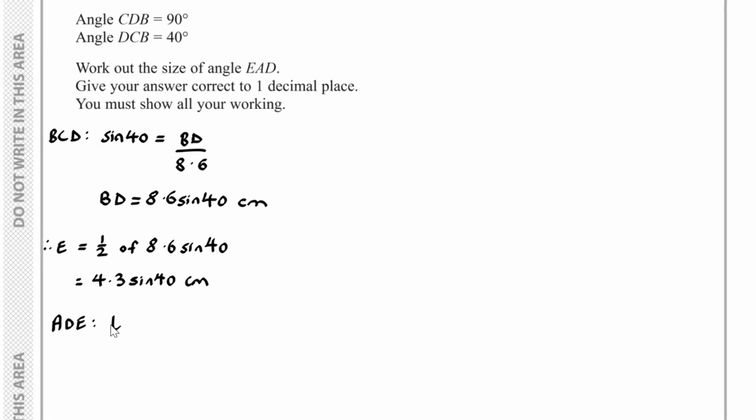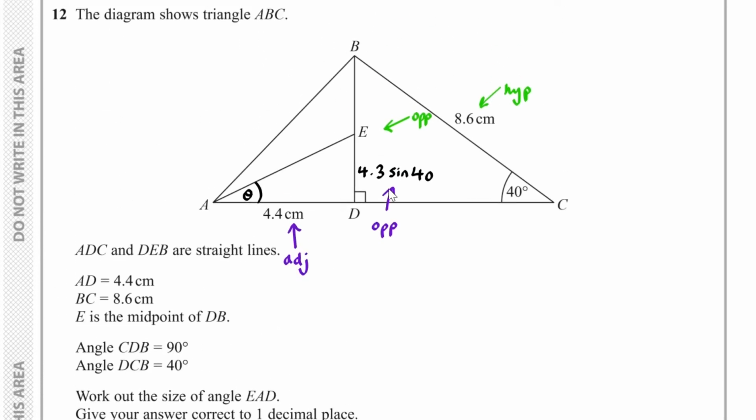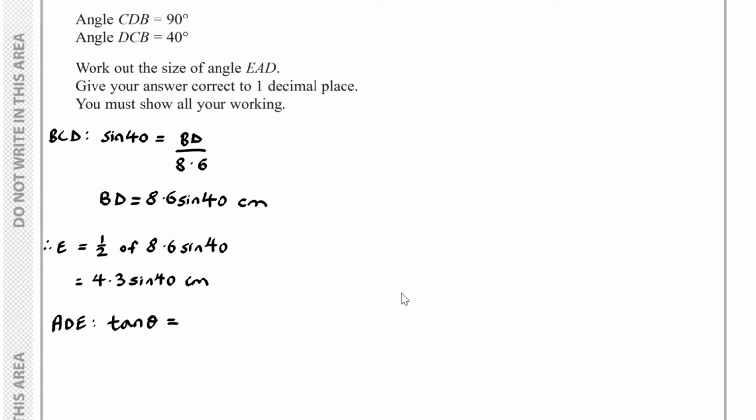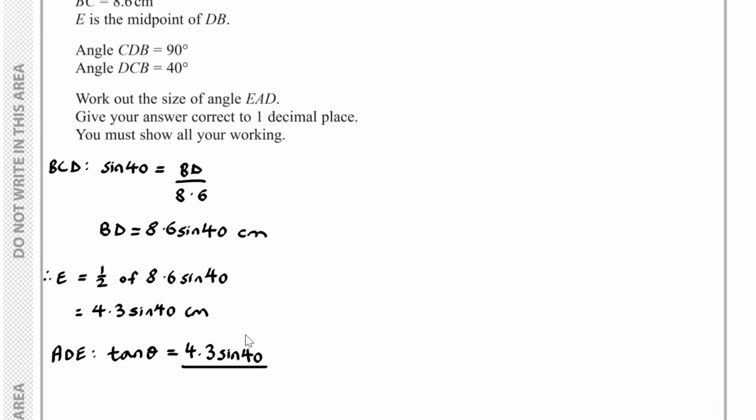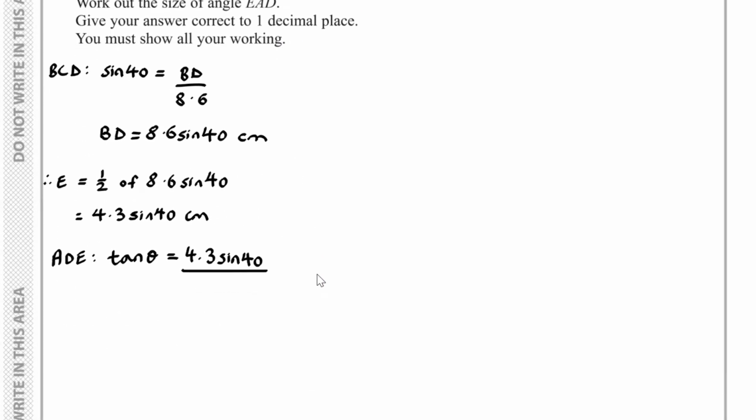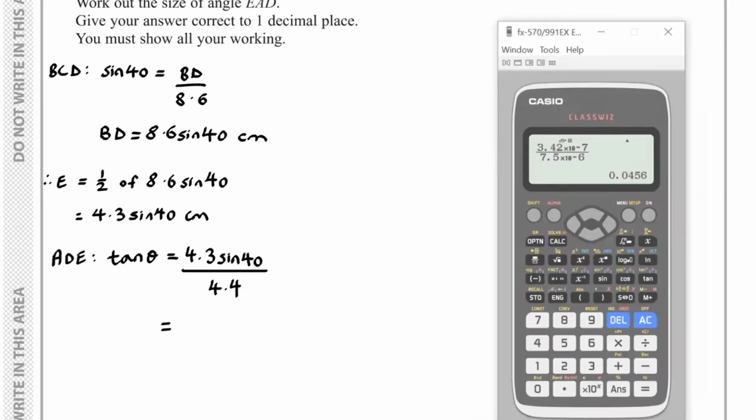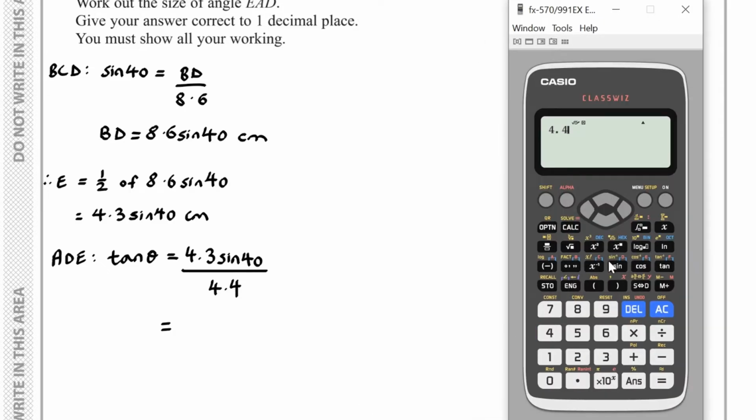So here we've got the tan of theta, that's equal to the opposite, 4.3 sine 40, divided by the adjacent. The adjacent here is 4.4.